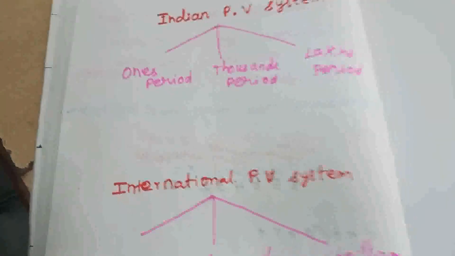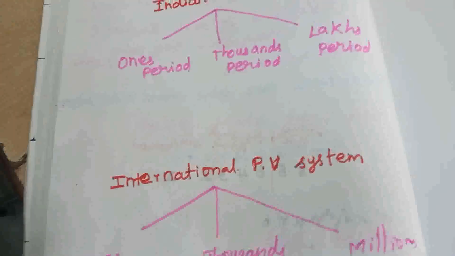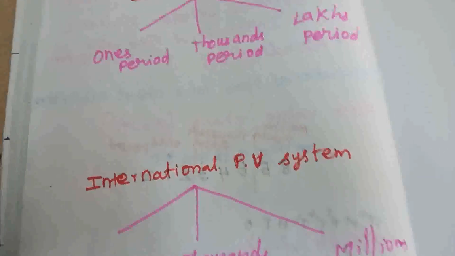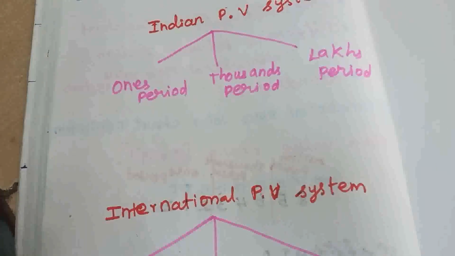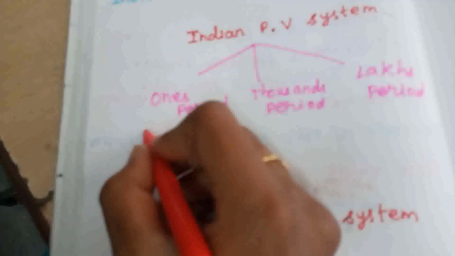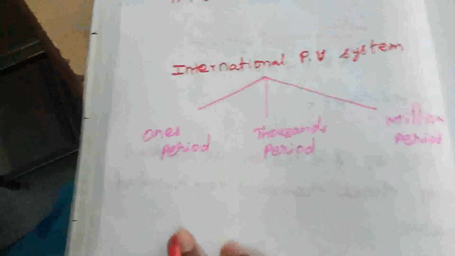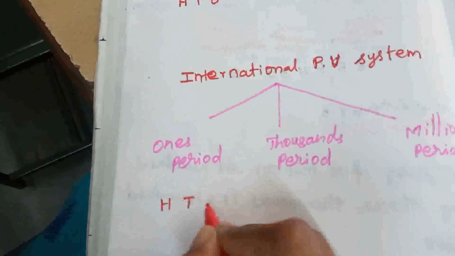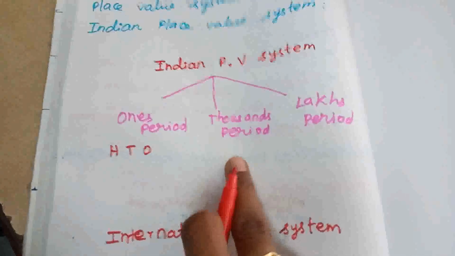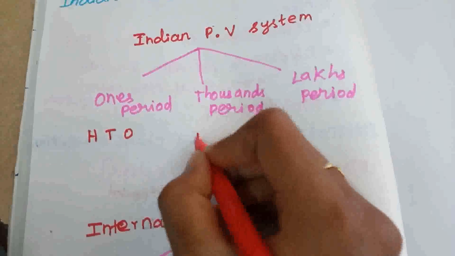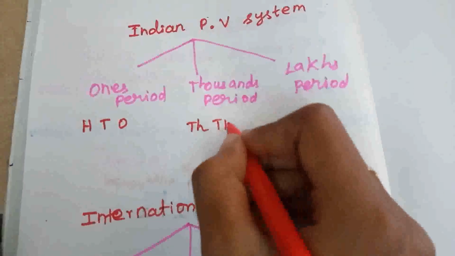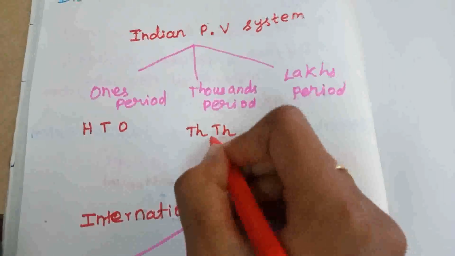Okay, now we see in each group there are some places that we have to see. Listen. Ones period means, you know very well, hundreds, tens, ones. Here also the same, hundreds, tens, ones. In the thousands period: thousands, ten thousands.